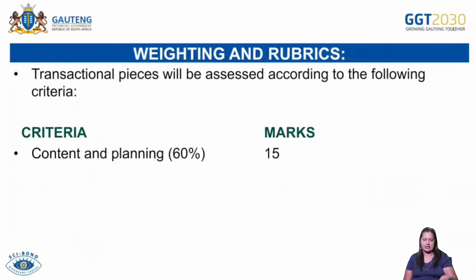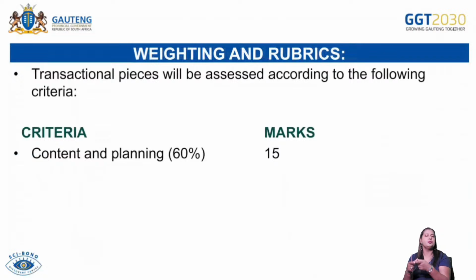What that means is, did you follow the process of writing this piece out? The content that you put, in other words, all the information you put into this piece, was it linked to the question that was given to you? That is where the 60% allocated out of 100% is. The 60% here is allocated to the content and planning.